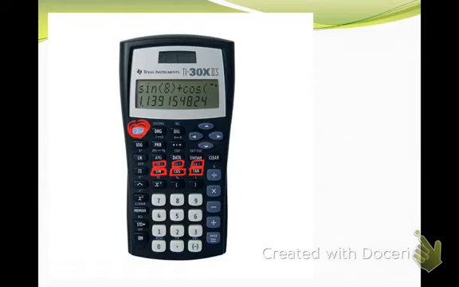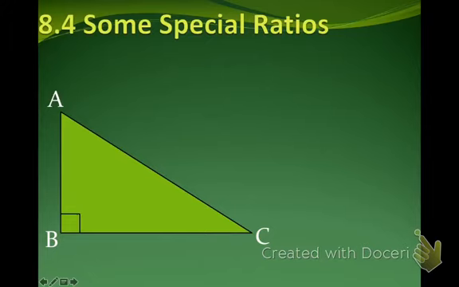So going back to our example, we had 27 and 18, and we're looking at the sine of A, and we said that that was opposite over hypotenuse, so 18 over 27. I think we had it all the way down to saying that the sine of A equals 2/3.